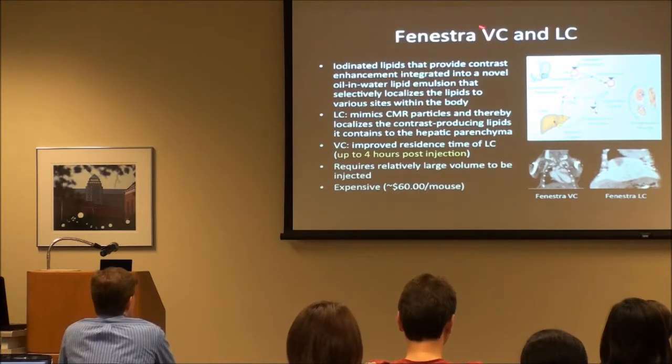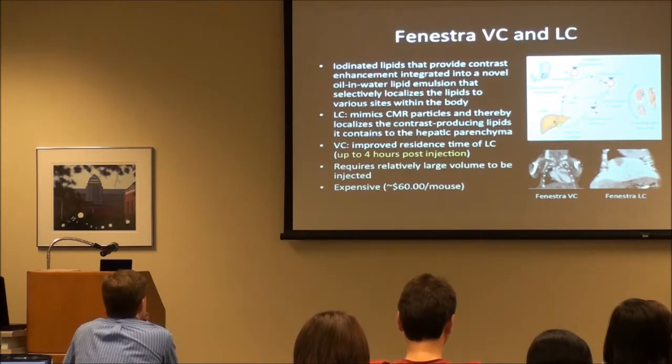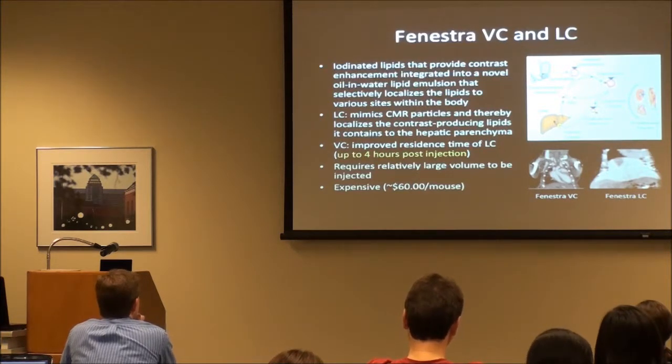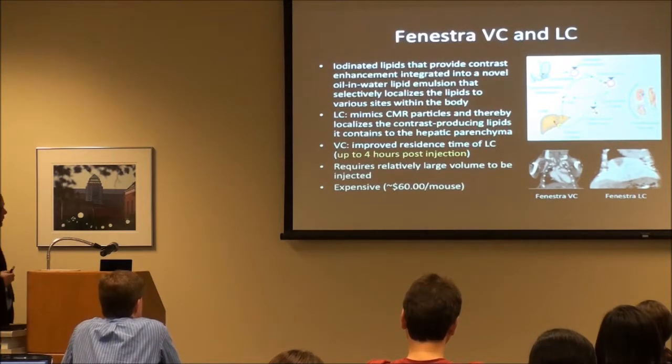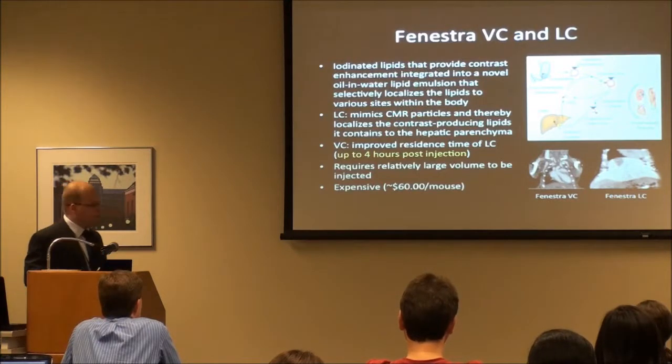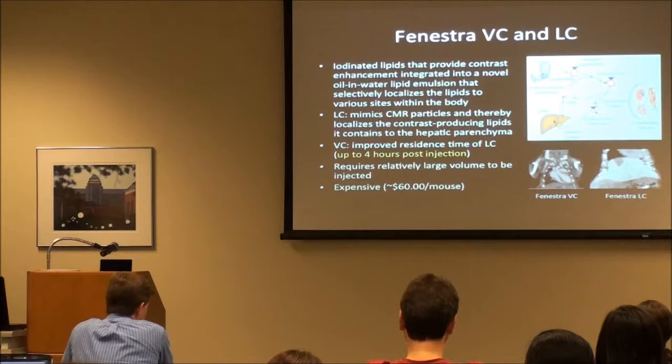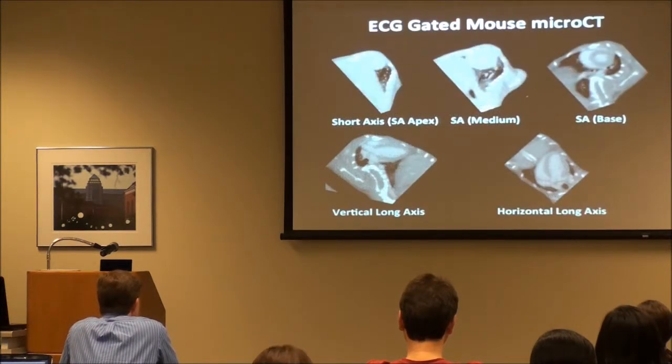Another agent, Fenestra VC, which was marketed by ART Technologies, provides a very good residence time. It was still present in the vasculature for up to 4 hours post-injection. However, it was very expensive, about $60 per mouse.